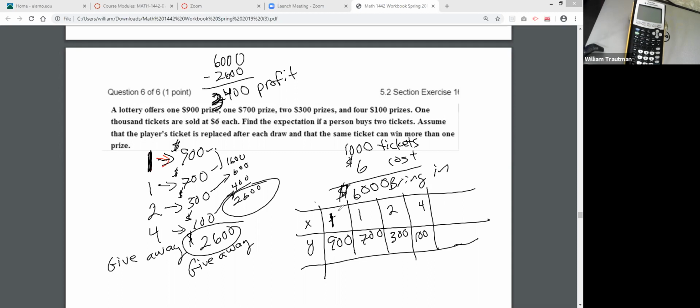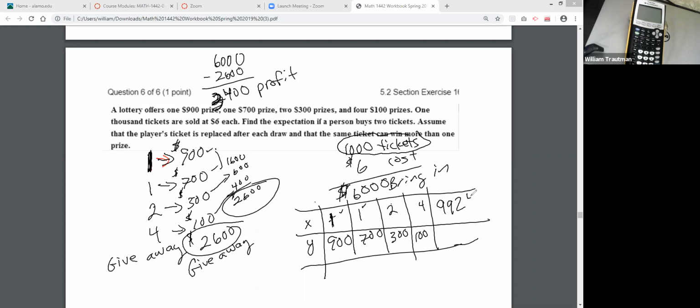So how many people win a prize? Do you see how 1, 2, 3, 4, and 4, 8 people win a prize. So 8 people win a prize. 1,000 tickets were sold. If 8 people win a prize, that means 992 people lose.